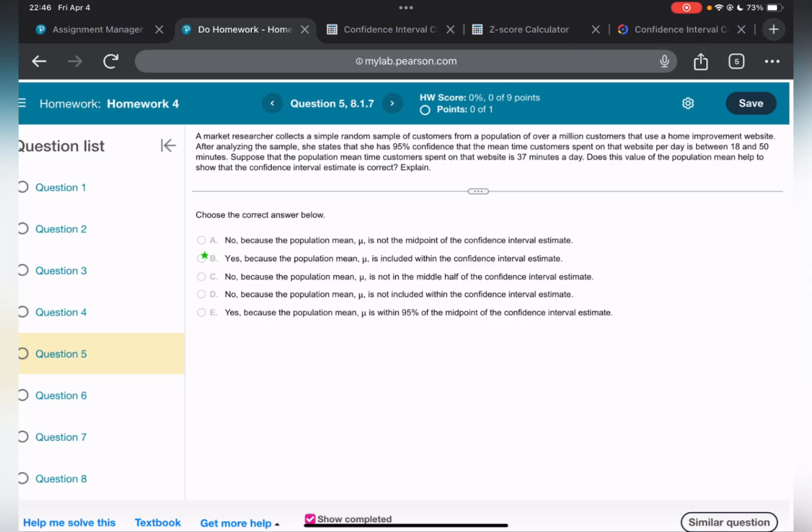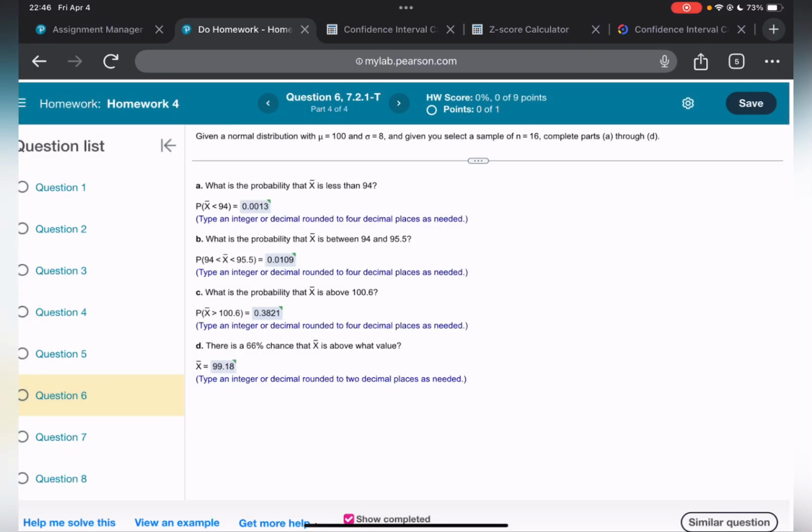It can be close to one border limit or close to the other limit. C, no, because the population mean mu is not in the middle half. No, it doesn't have to be in the middle half. Like I said, it's an average, it's an interval. The mean can be anywhere. Okay, I'm moving to the next question. The other explanations are nonsense.